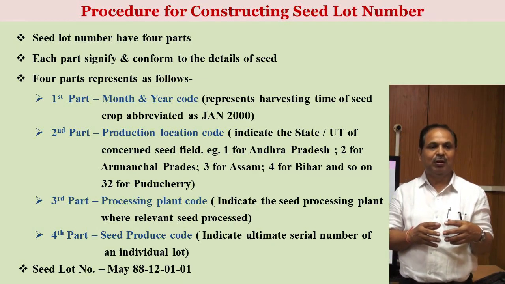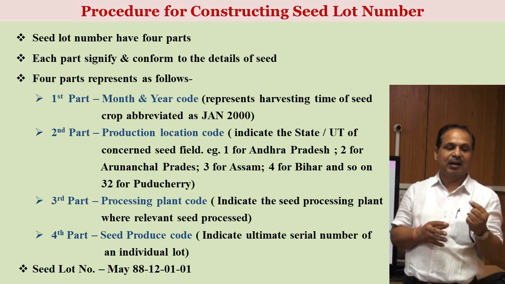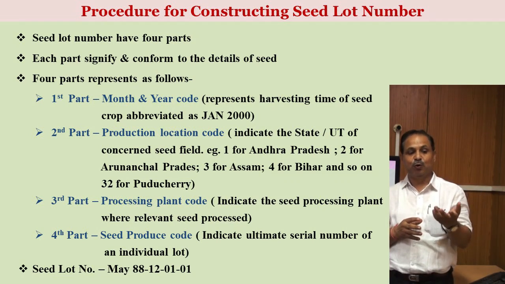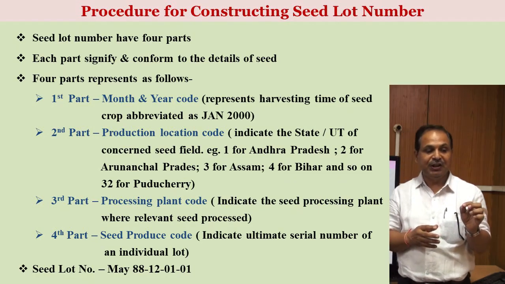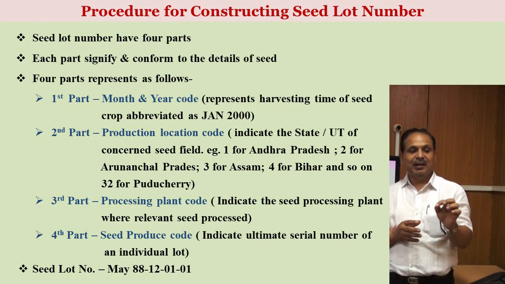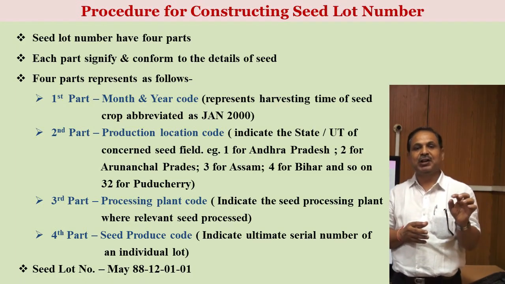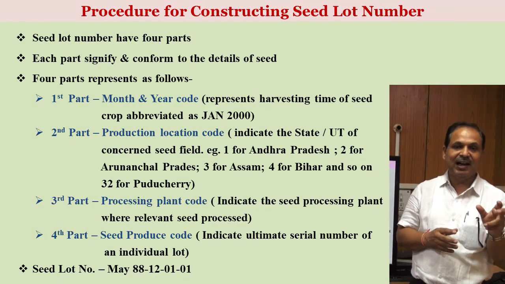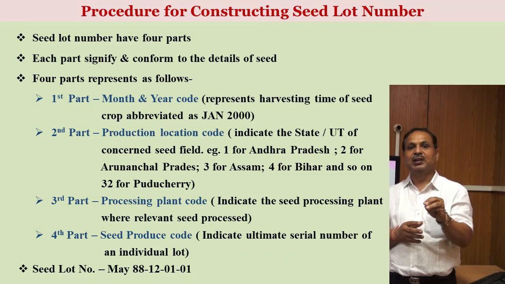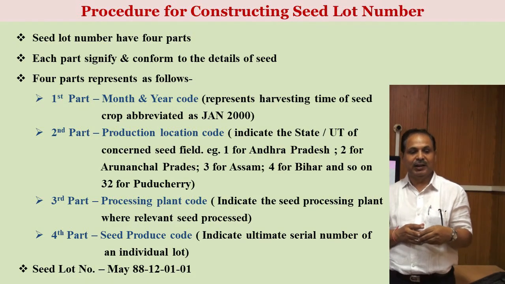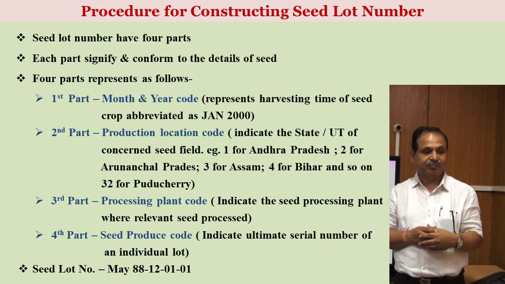For example, 1 is given for Andhra Pradesh, 2 for Arunachal Pradesh, 3 for Assam, 4 for Bihar, and so on, up to 32 for Pondicherry. So these numerals are designated as production location codes, and we can identify that a particular lot is produced in a particular state.